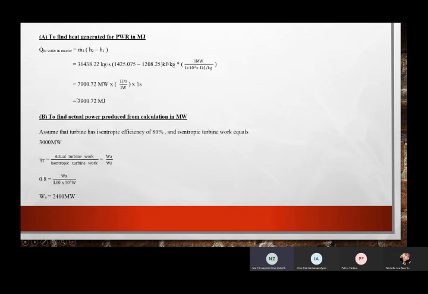To find the heat generated for power in megajoule, we use this formula and we will get 7900.72 megajoule. And finally, to find the actual power produced from the calculation in megawatt, we assume that the turbine has an isentropic efficiency of 18% and isentropic turbine work equals 3000 megawatt, and we will get 2400 megawatt, the actual work.